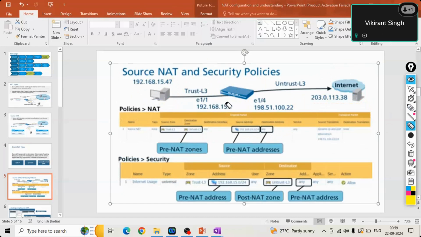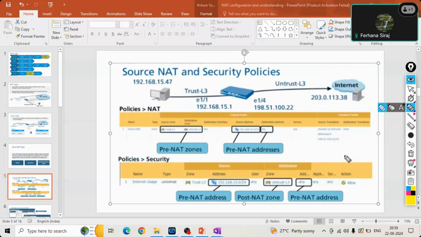It could be any source, could be any interface. So source translation is something we need to focus on. This part is important. For NATing only, we know our destination is that public IP address, the firewall knows.